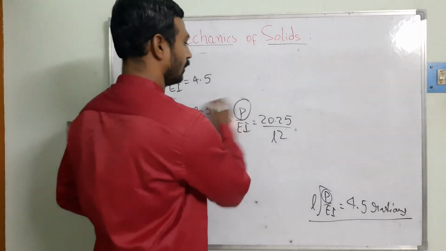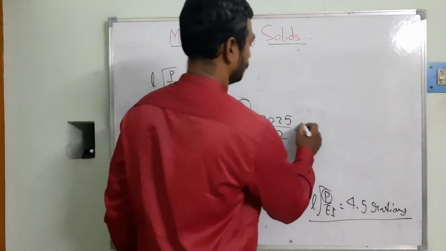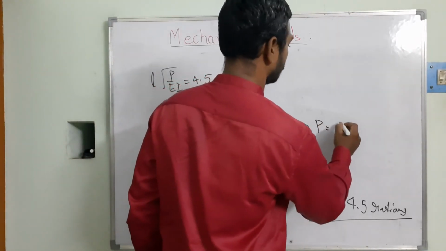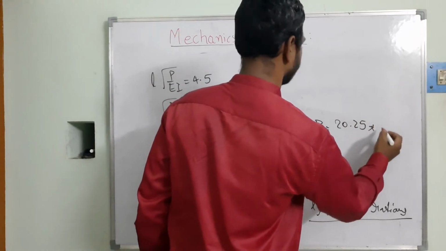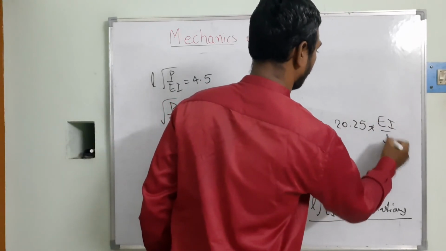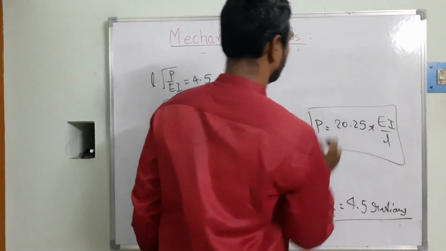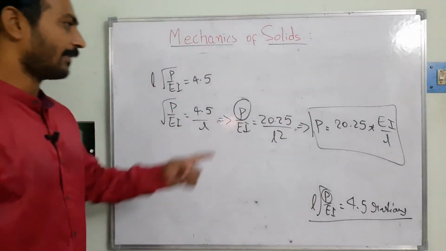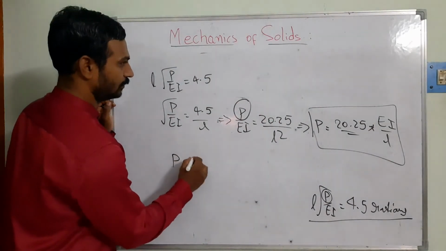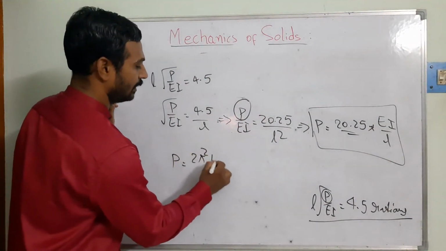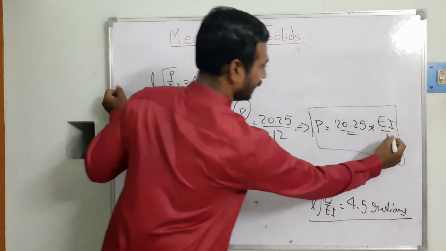Now I am going to take P over here. So P is equal to 20.25 EI by L square, which we are writing as P equal to 2 pi square EI by L square.